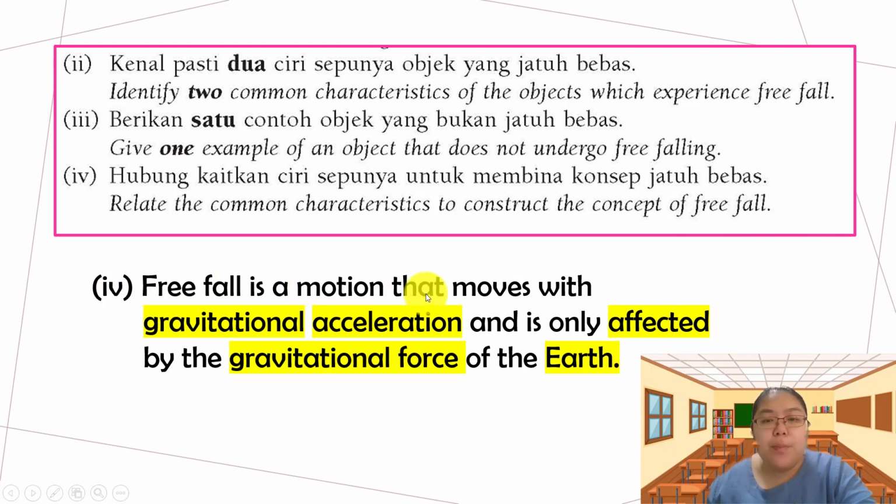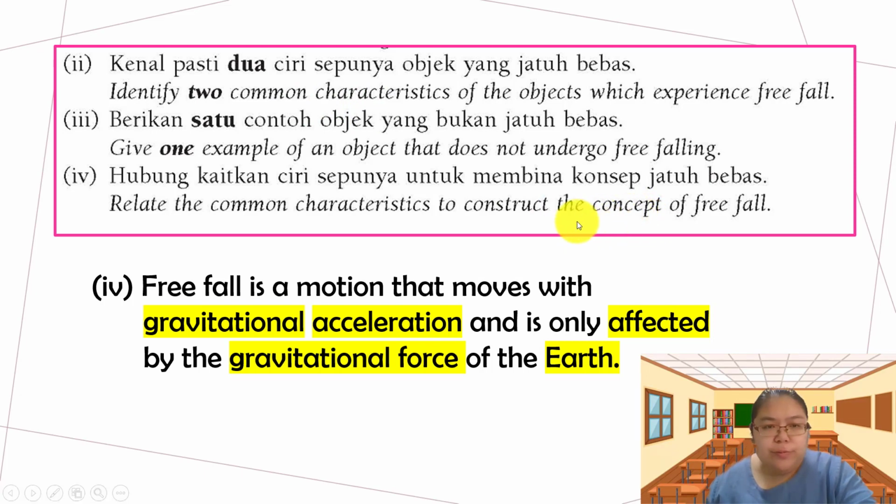Free fall is a motion that moves with, then we copy the characteristics from just now: a gravitational acceleration and only affected by the gravitational force of the earth. If the two common characteristics you gave are different, then your concept must follow them. So make sure your common characteristics are correct, then your concept will be correct.